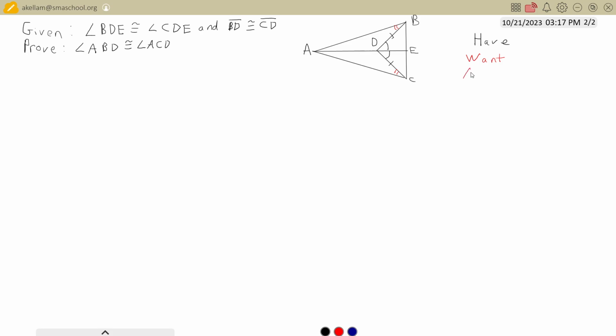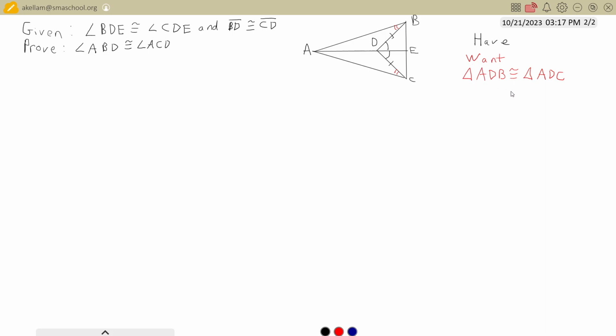So if I can show that triangle ADB is congruent to triangle ADC, then this would follow from that, because they would be corresponding parts of congruent triangles.